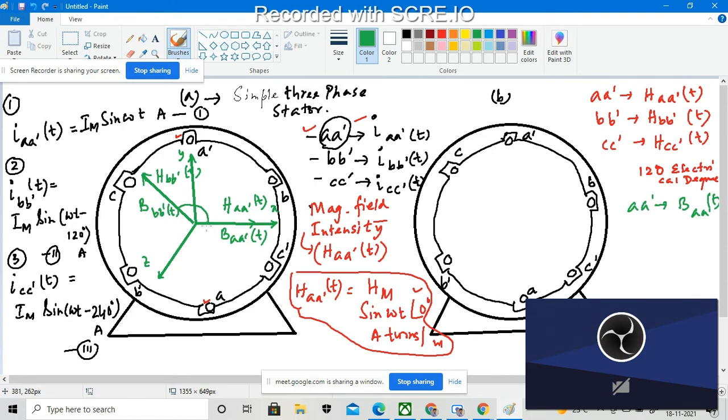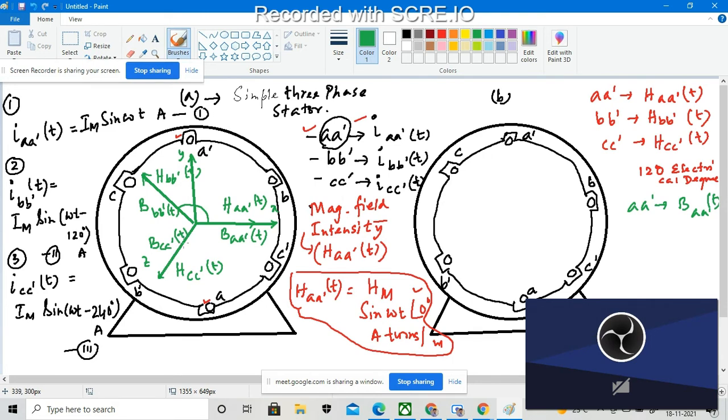In this axis again there will be 120 electrical degrees, so for that case this will be my H of C dash t, and the corresponding magnetic flux is B of C dash t.